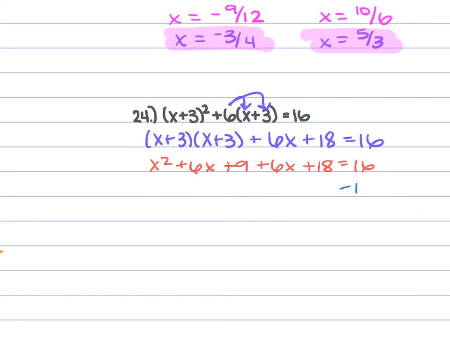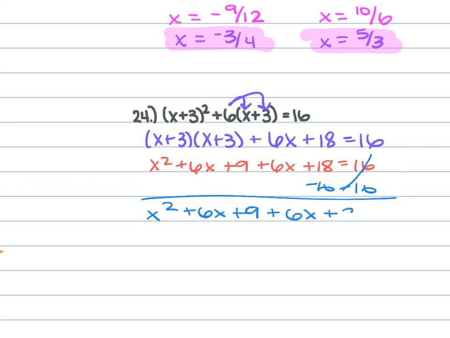So I am going to first subtract the 16 from the 18, to get x squared plus 6x plus 9 plus 6x plus 2 is equal to 0. It's just going to make my life a little easier so that everything's on the same side. And now I'm going to combine like terms, get x squared plus 12x plus 11 is equal to 0.